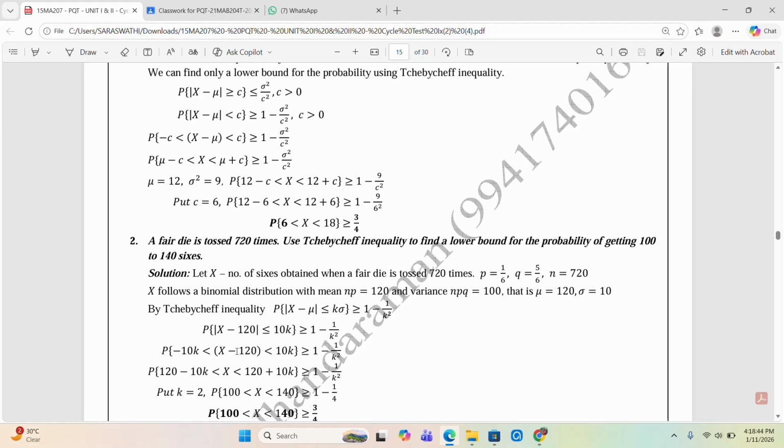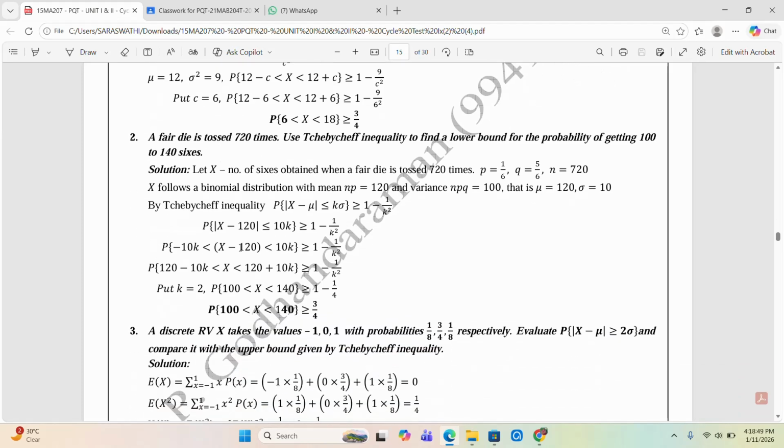Here minus 120 is there, so after we add plus 120 on all the sides, this becomes 120 minus 10k less than x less than 120 plus 10k, which is greater than or equal to 1 minus 1 by k square. So these are the final steps.